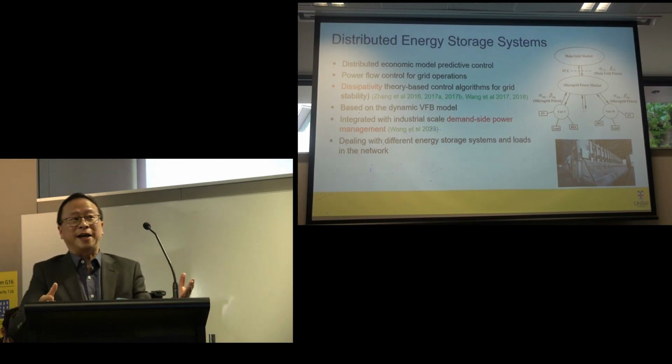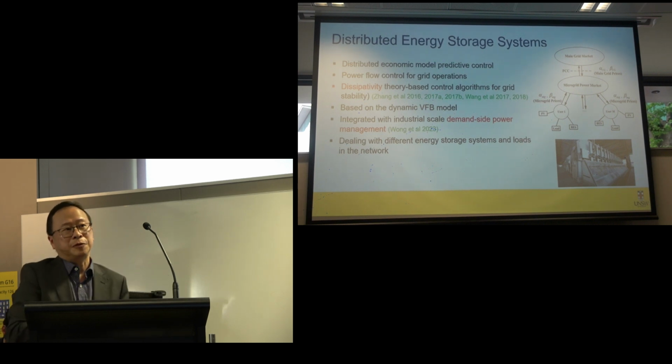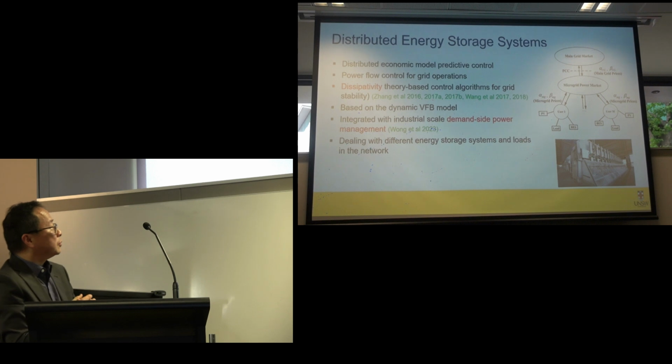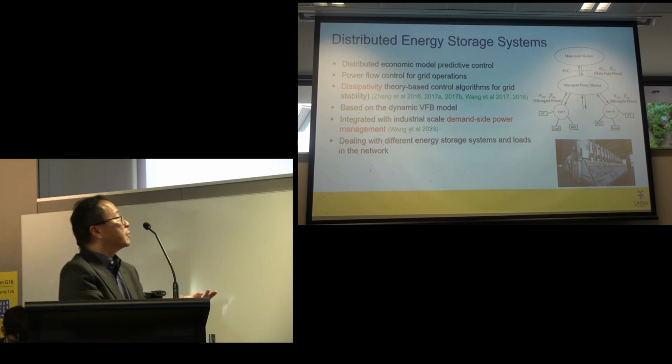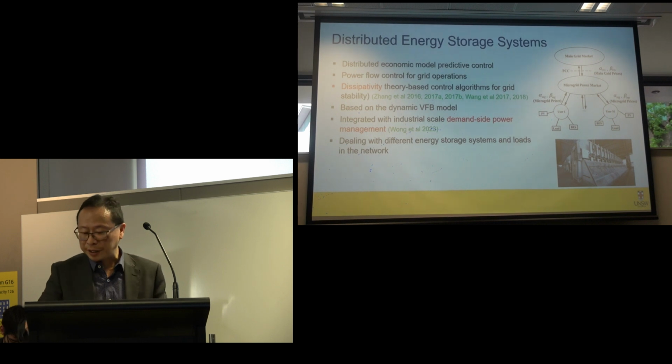We need to look at whether we can ramp up and ramp down the consumption of the process as well. And currently we're also working on different energy storage systems and their role in the network.